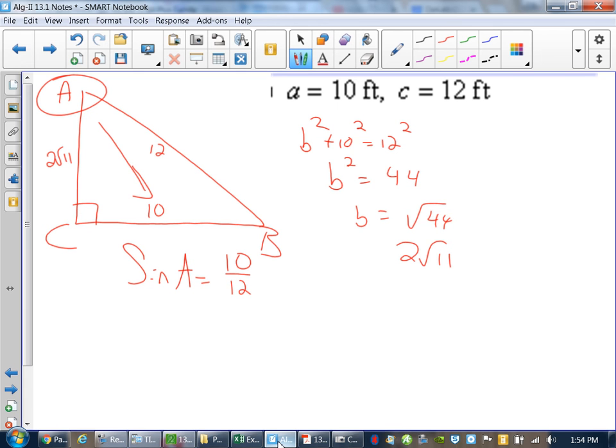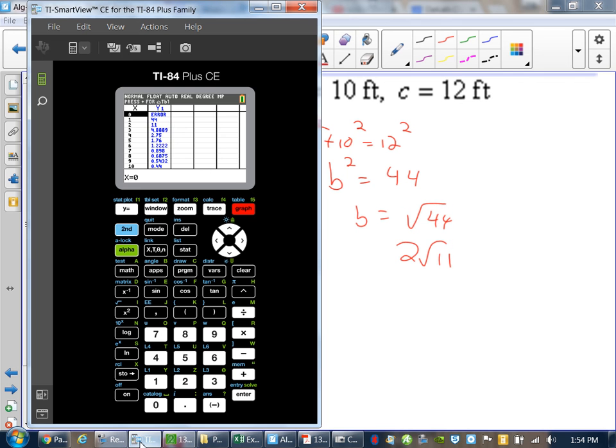Now, whenever you're trying to find an angle, that's when you have to hit the inverse button, the -1 button. Remember that? In the calculator, there's two ways that I like to show you guys. 10 divided by 12 and hit enter. That's with the fraction. So the sine of some angle is going to equal this crummy fraction.